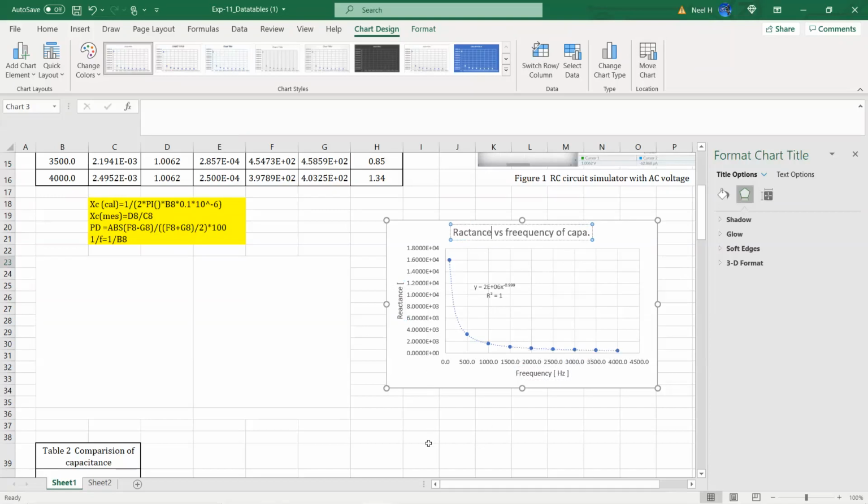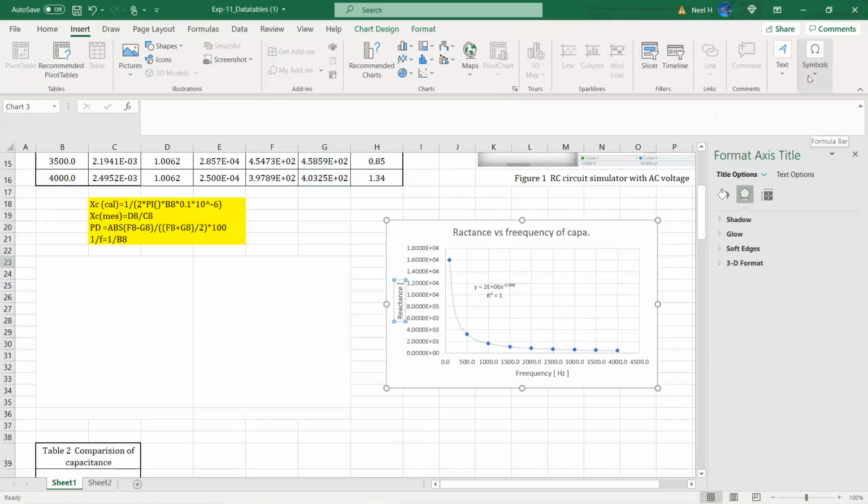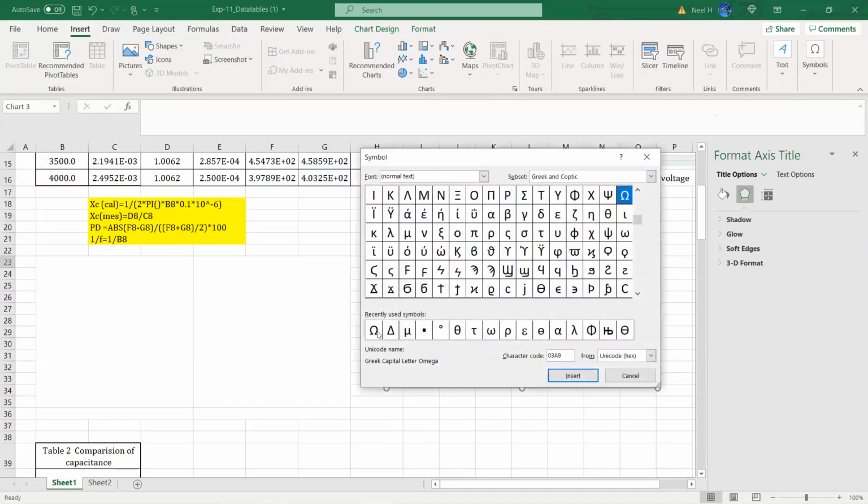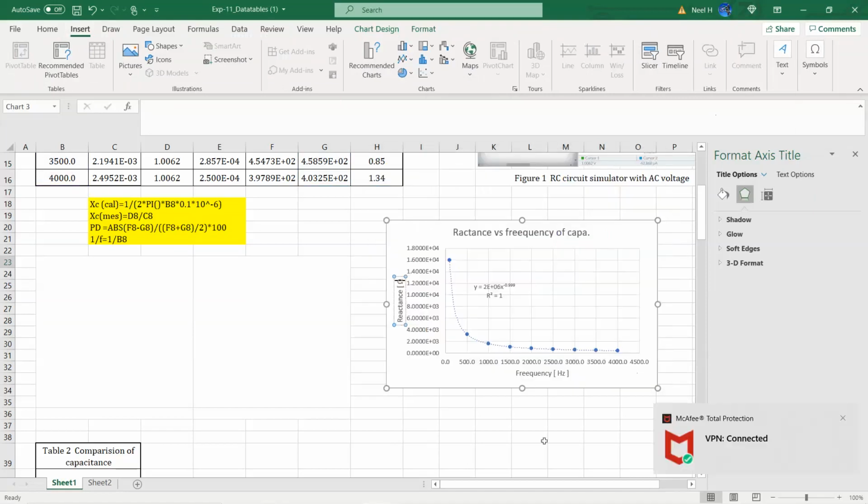Even though we have the RC circuit, I'm measuring the voltage across only the capacitor and then calculated only the reactance effect of the capacitor. Okay. Reactance and the unit should be ohms. You can put the unit by using the symbols, okay? All right, guys, any question?